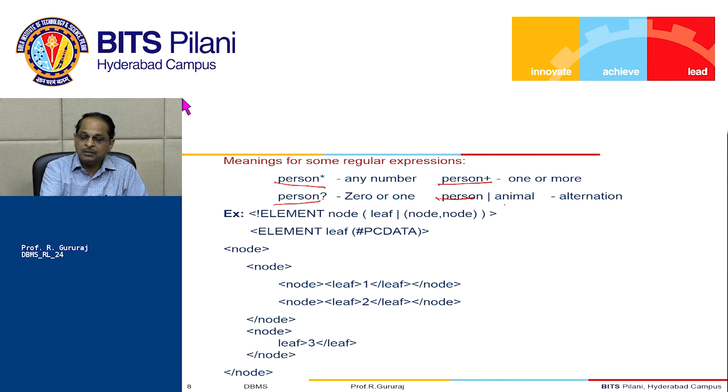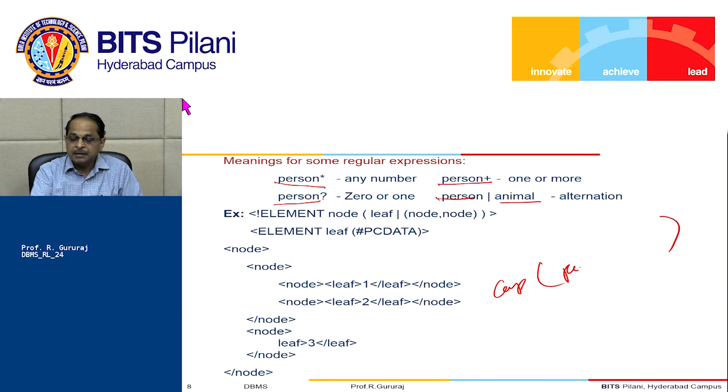Person alternation animal: if I say that company is an element which contains person or animal as sub-elements, it indicates that a company can contain either one person element or an animal element. That is the meaning of this expression.